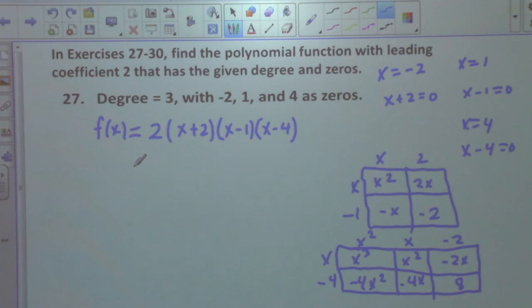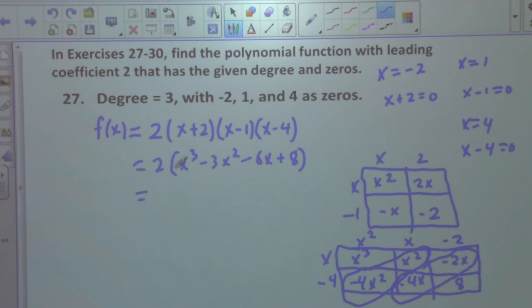So what we're going to have here is 2 times x cubed, and then negative 4x squared plus x squared, so negative 3x squared. And then negative 4x minus 6x, and then plus 8.